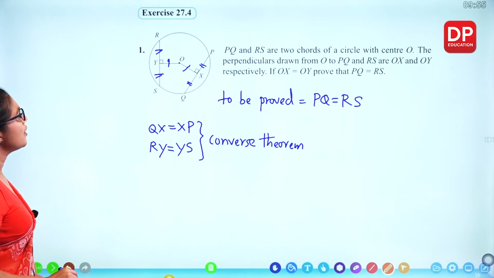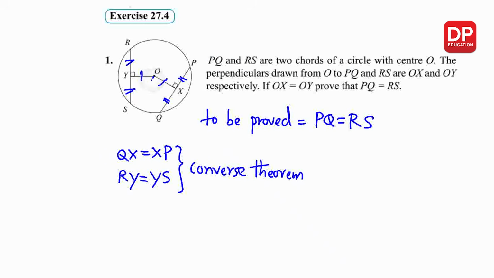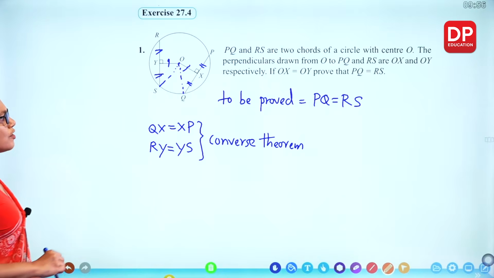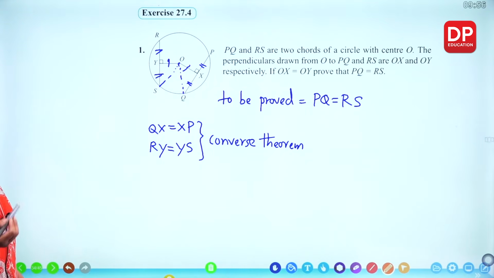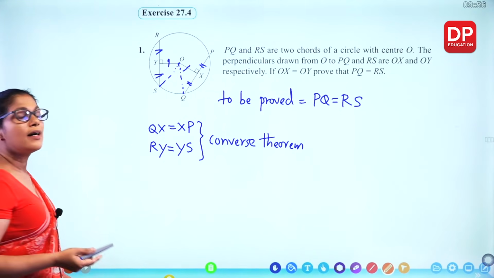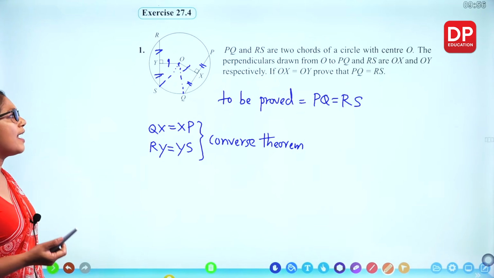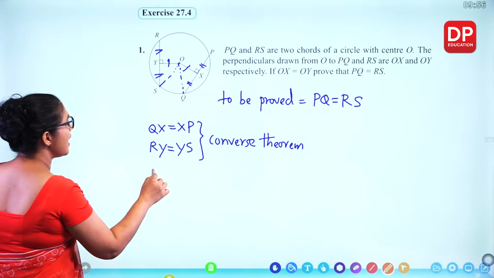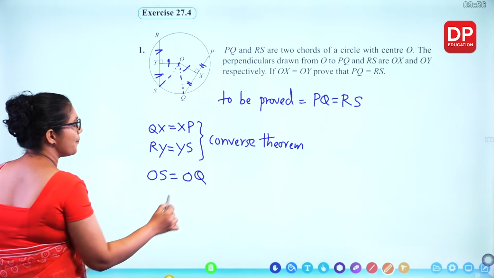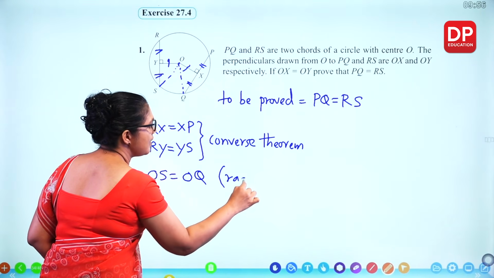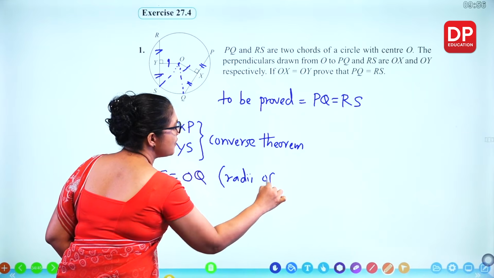And also, what can you say about the lengths? Now I'll draw two lengths OS and OQ. What can you say about those two lengths? Those are equal because radii of the same circle. So again we can say OS is equal to OQ. Radii of the same circle.